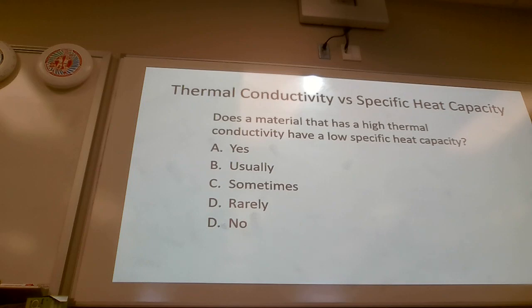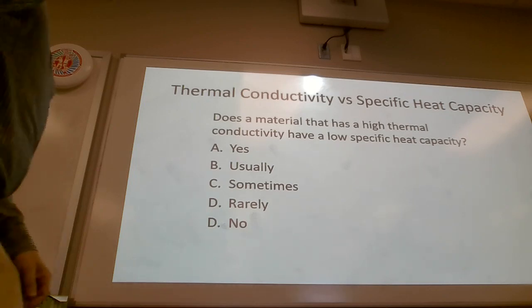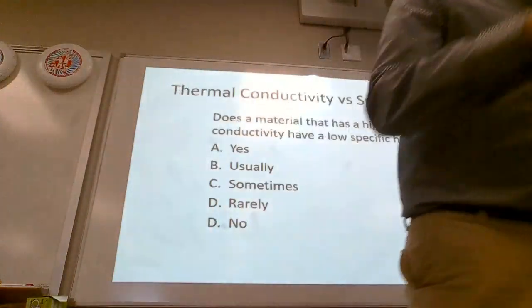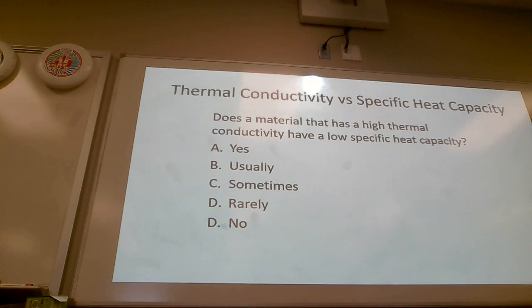For example, if you've ever used a metal spoon to stir your coffee or oatmeal or hot chocolate, and after a while the handle of the spoon becomes hot or warm, how quickly the heat travels through the metal is a consequence of thermal conductivity.